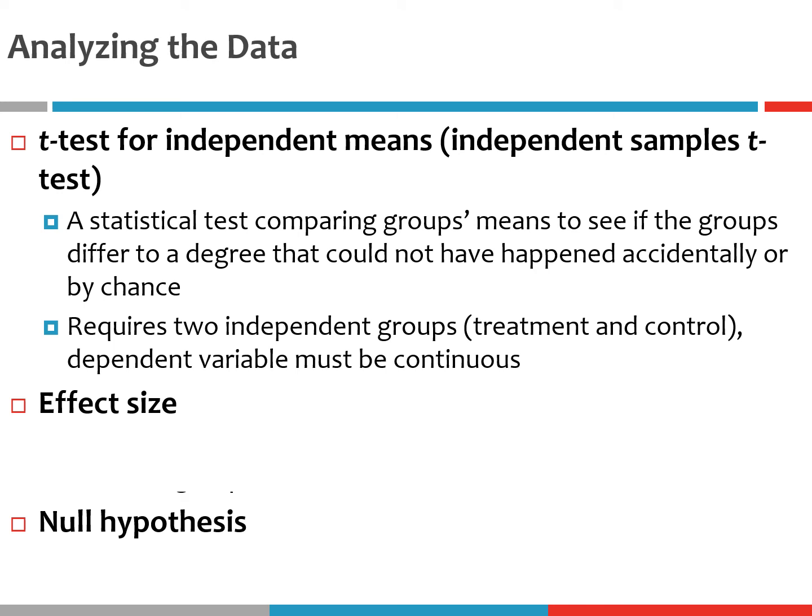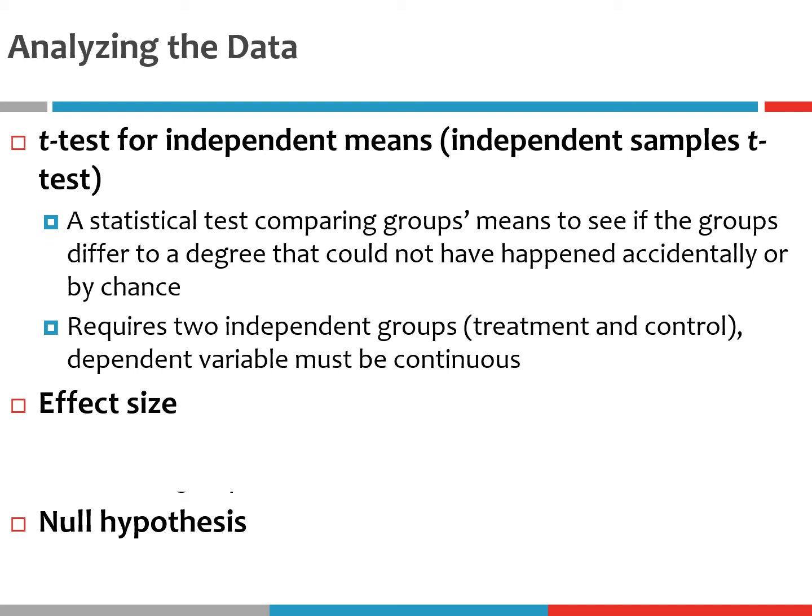We want to compare this test to our null hypothesis. So remember I talked about the experimental hypothesis, and this is kind of what you want to show. This is what you believe in. The null hypothesis is the opposite of the experimental hypothesis. The null hypothesis always says there's no difference. So there's no difference between groups, or there's no effect of the independent variable.